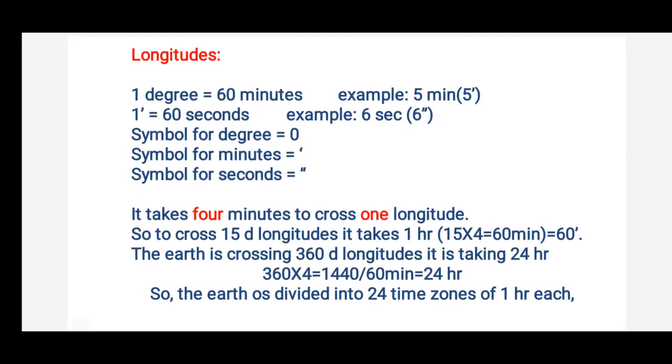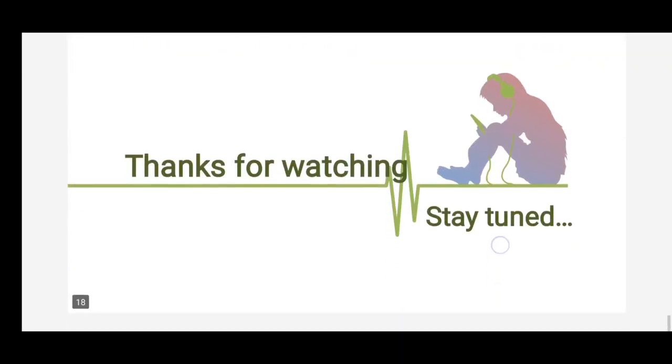If you divide this 1440 by 60, you will get 24 hours. Do you understand, children? So the earth is divided into 24 time zones. Okay, thank you for watching.